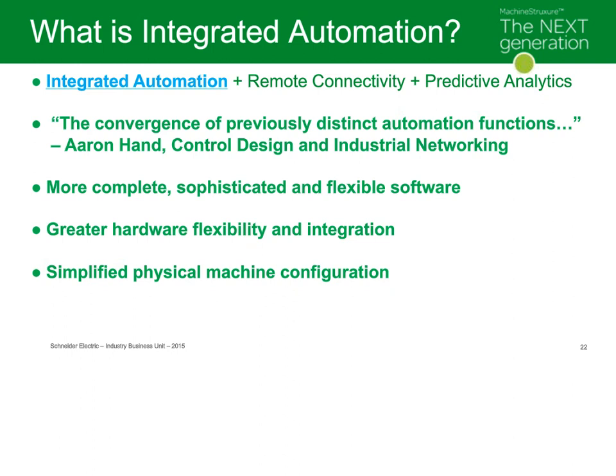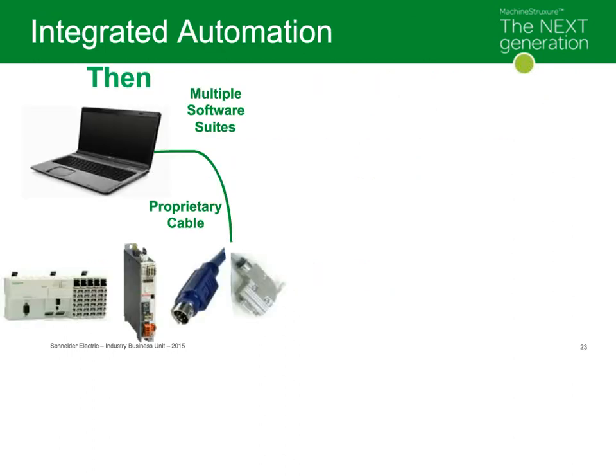So what does that actually look like? Before, we had multiple software suites for every different separate component of the machine. You had one for your PLC, one for your drive, one for your motion, one for your HMI. All those things were all, again, programmed with one proprietary cable. So the proprietary cable only worked with the PLC, may not have worked with the HMI, had to get a different cable for that.